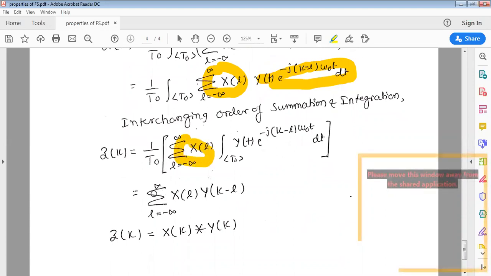Now this will remain unchanged: summation from minus infinity to plus infinity x of L. What is 1 by T naught into y of t into e power minus j k minus L into omega naught t? It is nothing but a Fourier series.